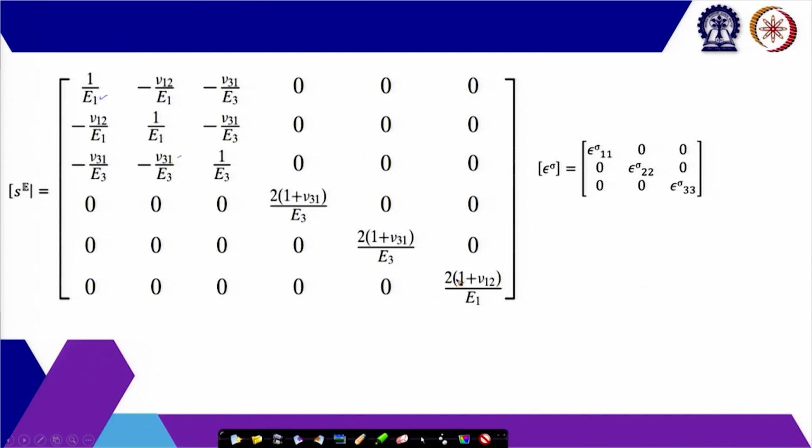So, that is how the actual compliance matrix S^E looks in terms of the elastic constants, and the epsilon vector is this: epsilon 11, epsilon 22 and epsilon 33, and again because it is transversely isotropic, epsilon 11 sigma and epsilon 22 sigma can also be the same.